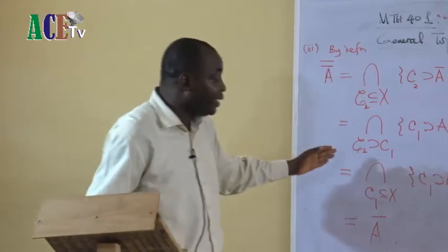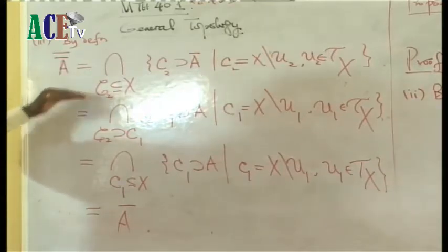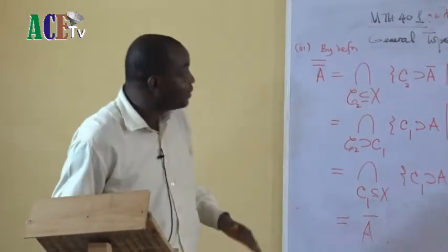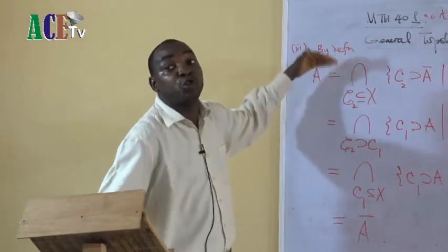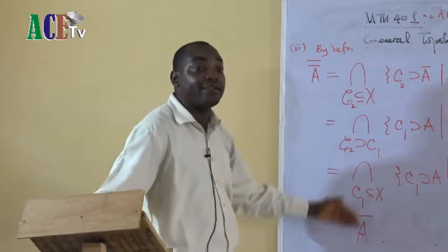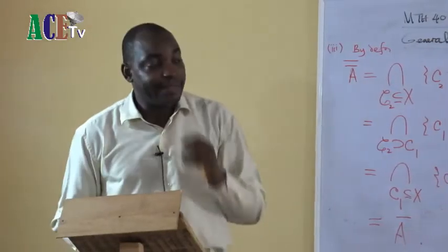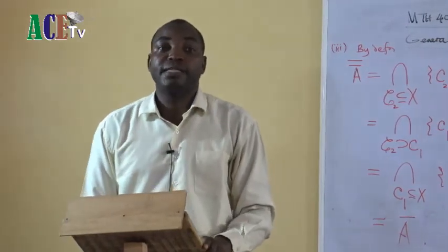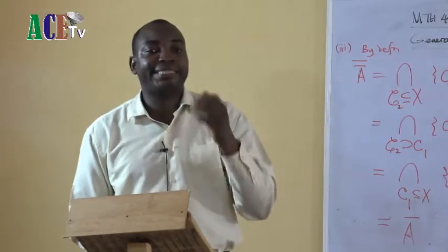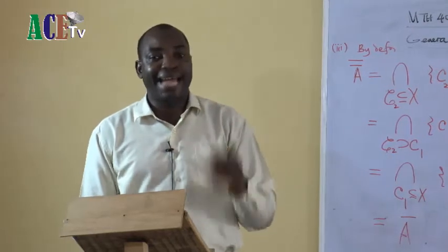So that is what we mean here, that the closure of a set A is equal to the closure of A. If you like, place as many ladders of closure on a set, it will always lead to the closure of the set. For instance, you see a particular snake dead on the floor, and you say this snake must still die.